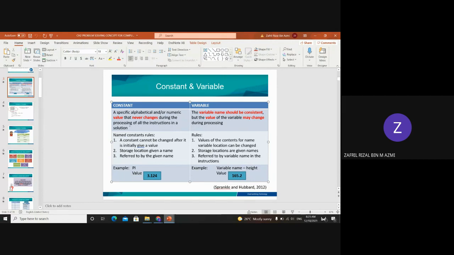So how do you know whether something should be a constant or a variable? It is up to you as a programmer. But when you want to declare a certain value as a constant or variable, you need to have your justification, as I mentioned earlier. For example, salary: you may declare it as a constant or as a variable based on your case study, your problem.